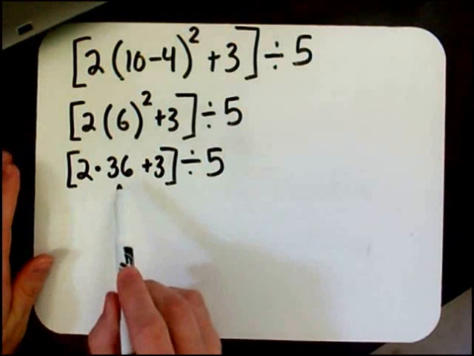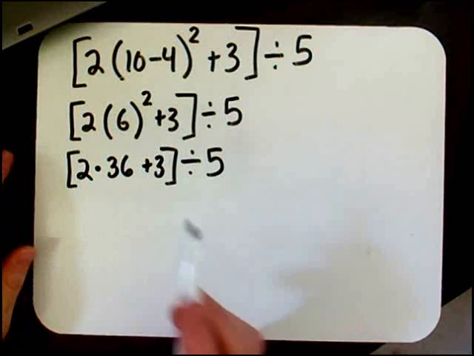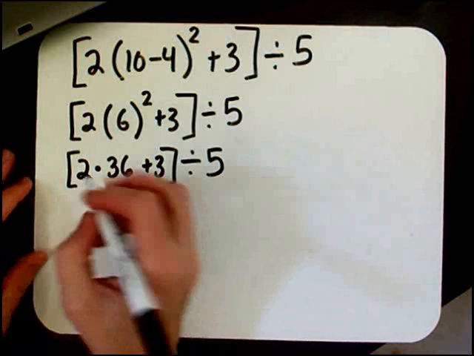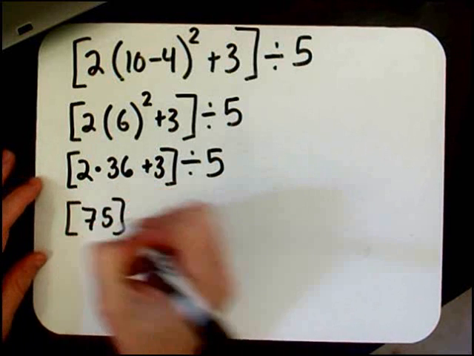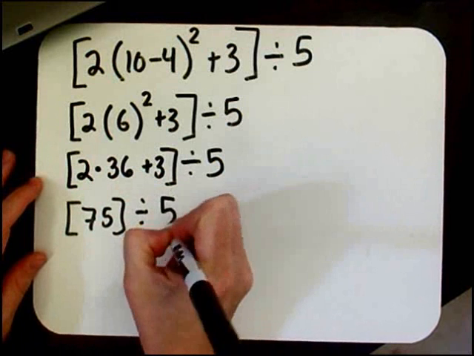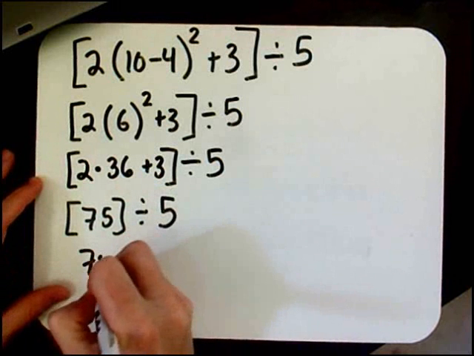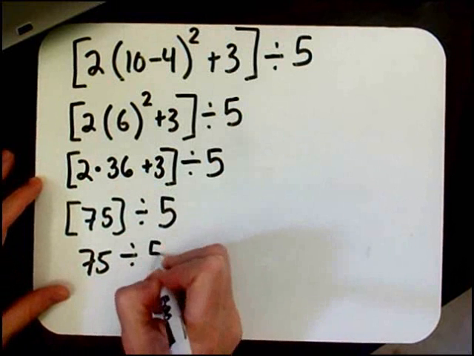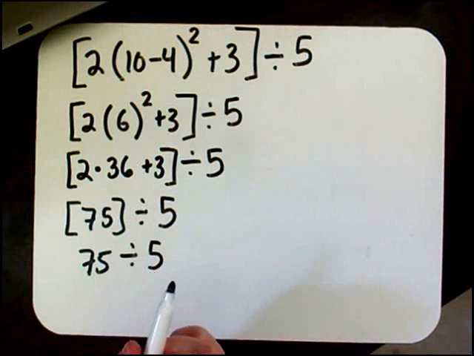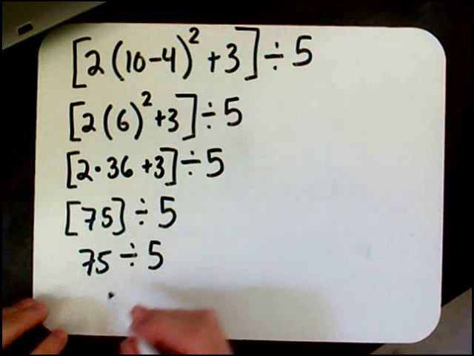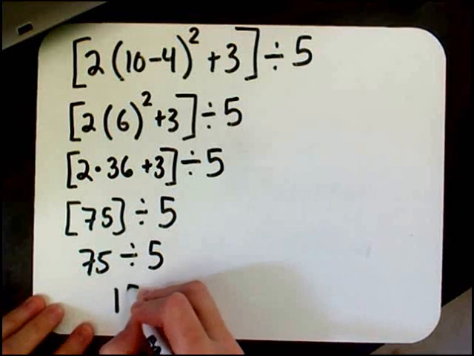So then we have 72 plus 3, 75. So now we have open bracket, 75, close bracket, divided by 5. Or we can just say 75 divided by 5. And then when we divide 75 by 5, we get an answer of 15.